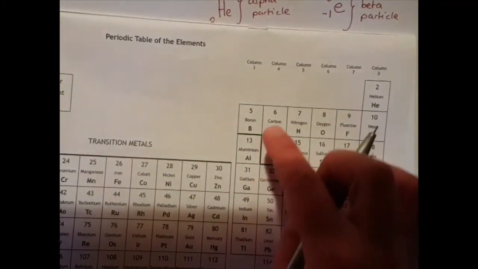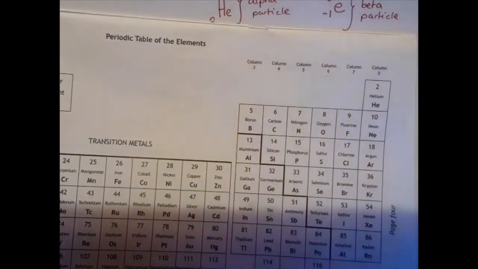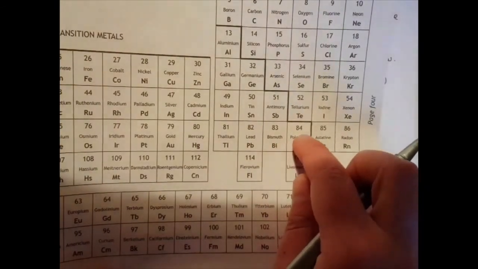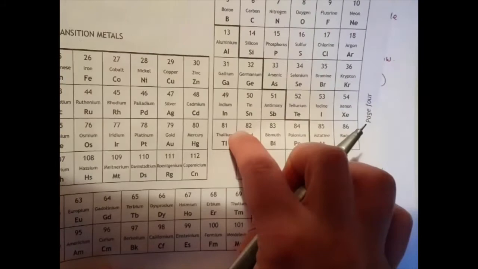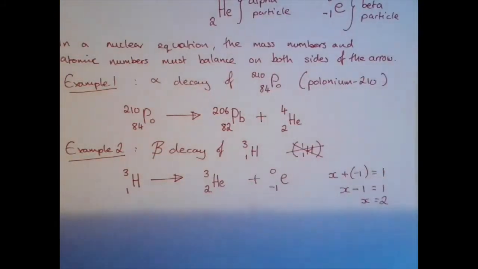I don't think you need to write that down in your notes unless you really want to, but it's a wee fact worth remembering. Similarly, with alpha decay, we're losing 2 protons and we're just going to move back 2. So alpha decay of polonium moved us back to lead. Maybe worth writing that down actually.